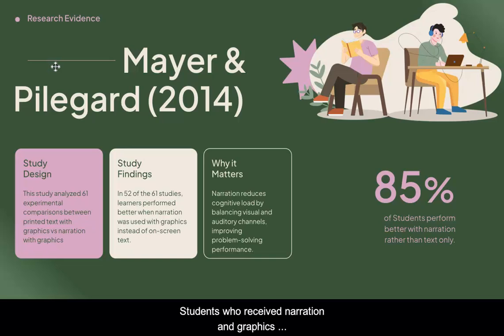Students who received narration and graphics consistently scored higher on transfer problem solving than those who received on-screen text and graphics. The effect supports cognitive theory and the dual channel assumption. Reducing overload on the visual channel improves retention and application. This research validates the modality principle across many content areas and learning settings.